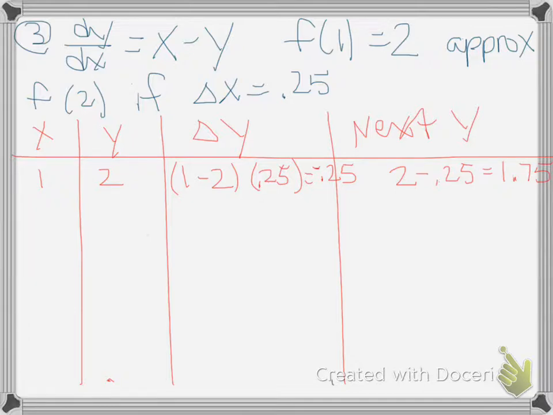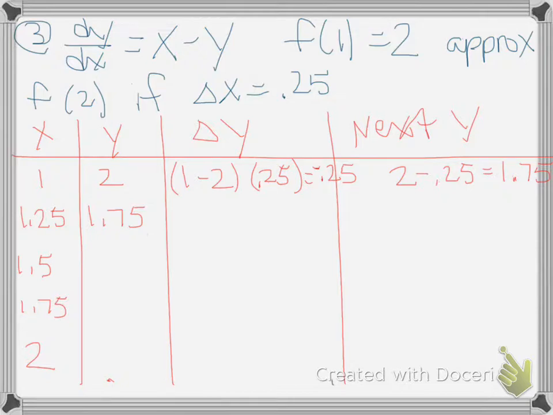My next step would be 1.25, 1.75. And if you want to, again, I normally like to fill in all of my x's to show how many steps. You don't have to. You can go step by step as you go along. It's whatever works for you.